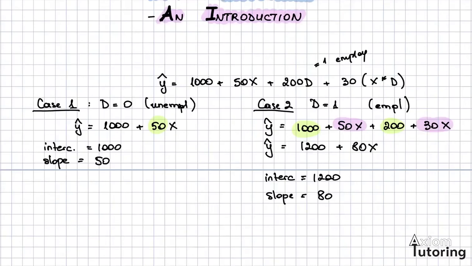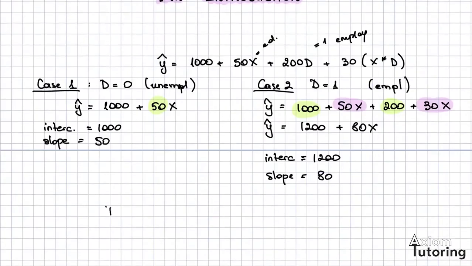So we can very clearly see that the returns to education, because remember, X was education, is 50 for the unemployed and 80 for the employed. Which means that the difference in slopes is 30.